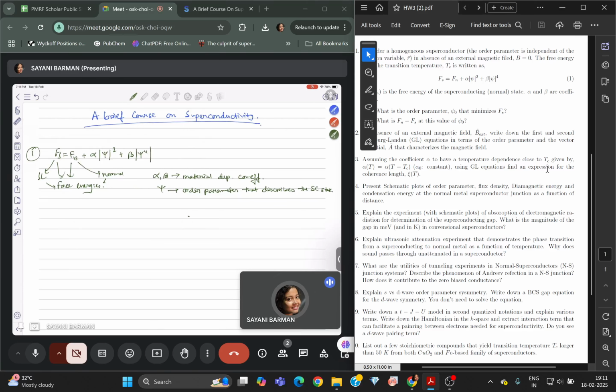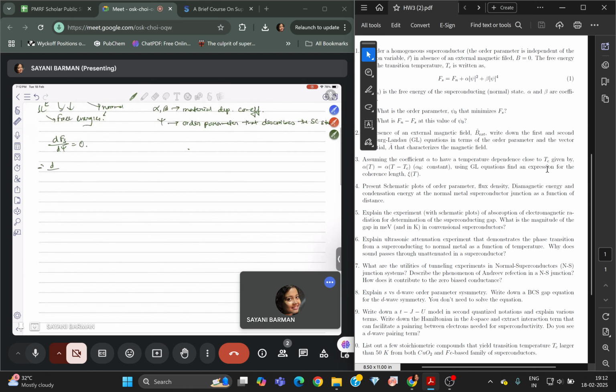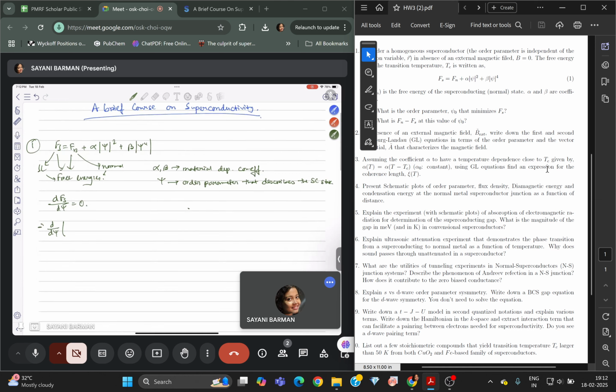Right. Now, to find the equilibrium, we have to do differentiation. So basically, we have to do a minimization of Fs with respect to psi, means dFs by d psi, and minimization means it should be 0. Right. Now, d by d psi of Fn plus alpha... now, each term we have to do.